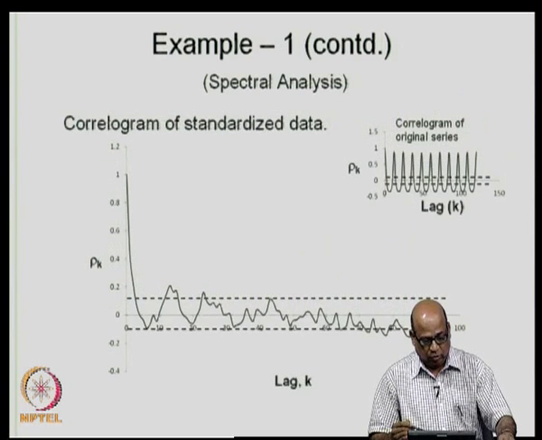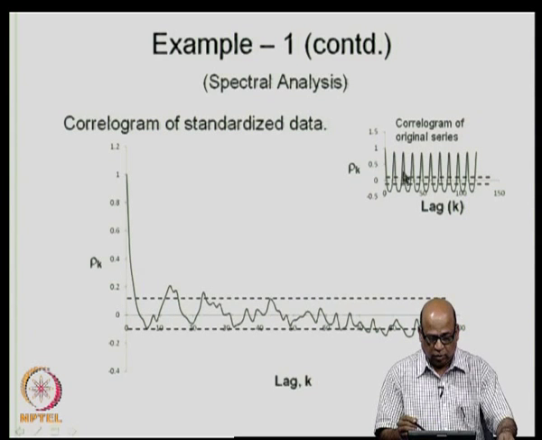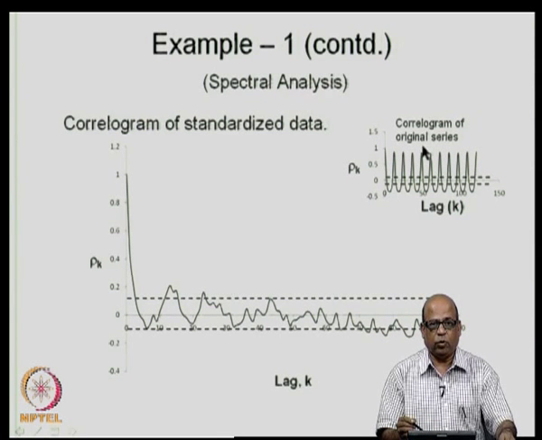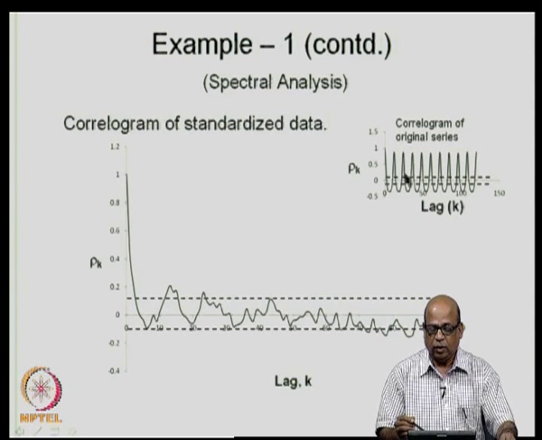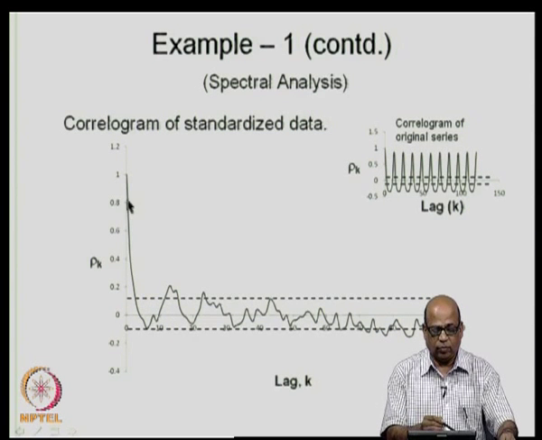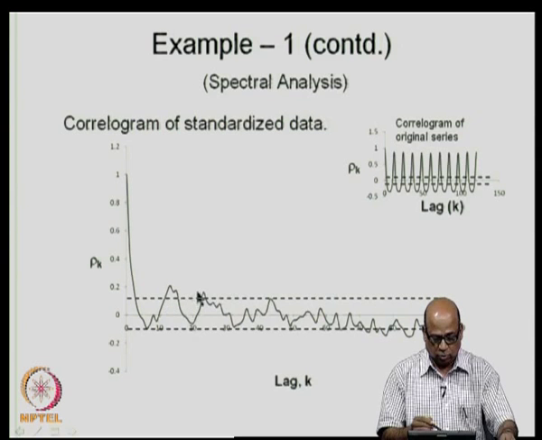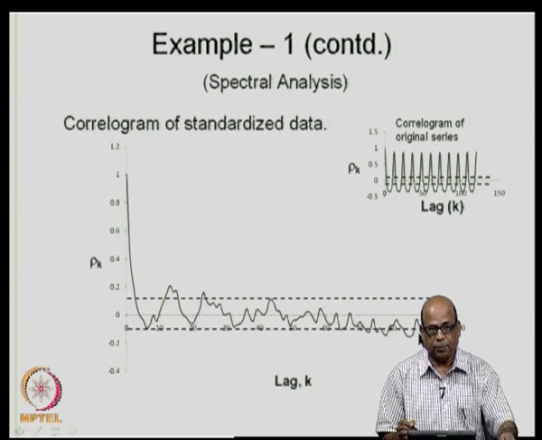If you plot the correlogram, the correlogram of the original time series looks like this, and the correlogram of the standardized time series looks like this. Most of the correlations are statistically insignificant here.